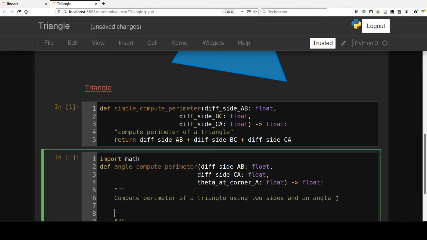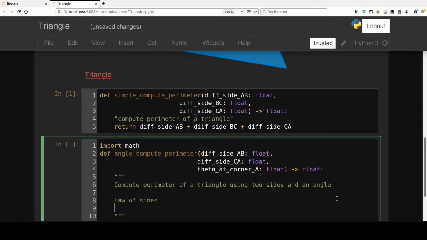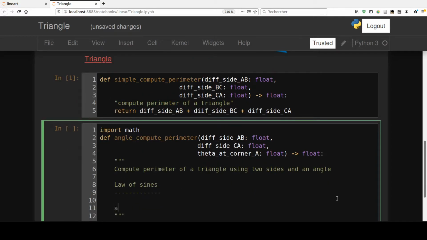It's the law of sines, which states that A over sin A is equal to B over sin B is equal to C over sin C.